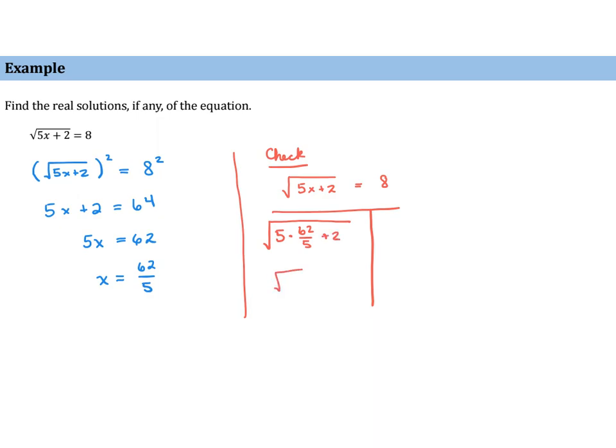Then that means we have 62 plus 2, which is the square root of 64, which is 8. Notice we have 8 equals 8. That's true. So therefore our answer is indeed 62/5.